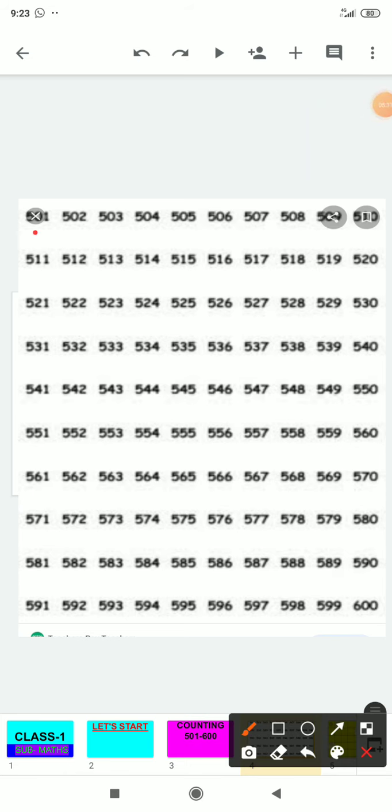501, 502, 503, 504, 505, 506, 507, 508, 509, 510. Now when we write 510, 0 will be gone and 10 will come, because 10 is a 2-digit number, so we do not require 0 here. 511, 512, 513, 514, 515, 516, 517, 518, 519, 520.